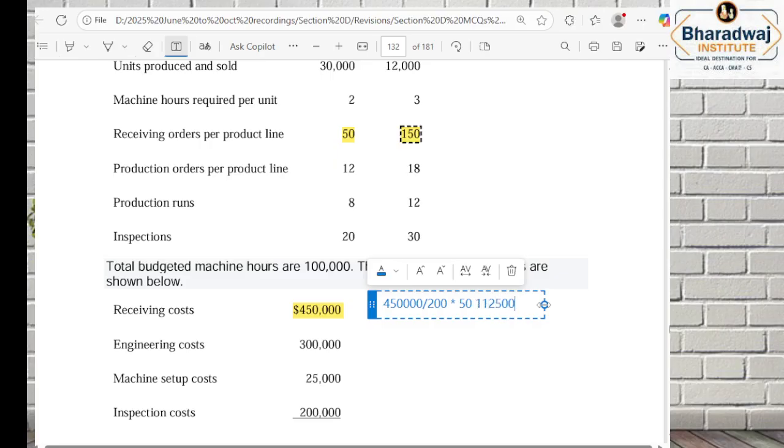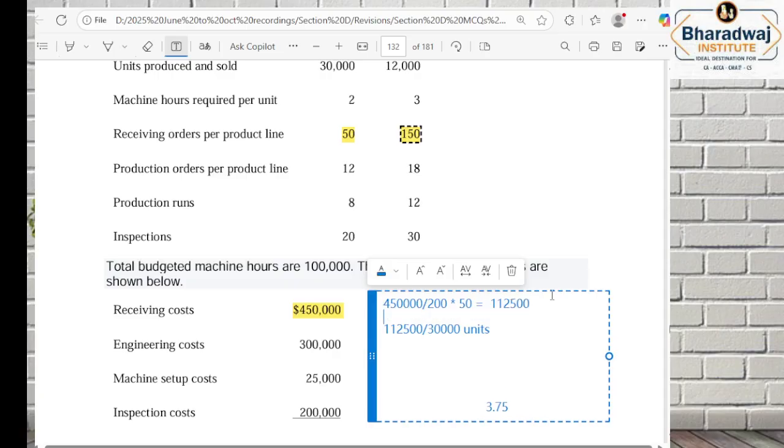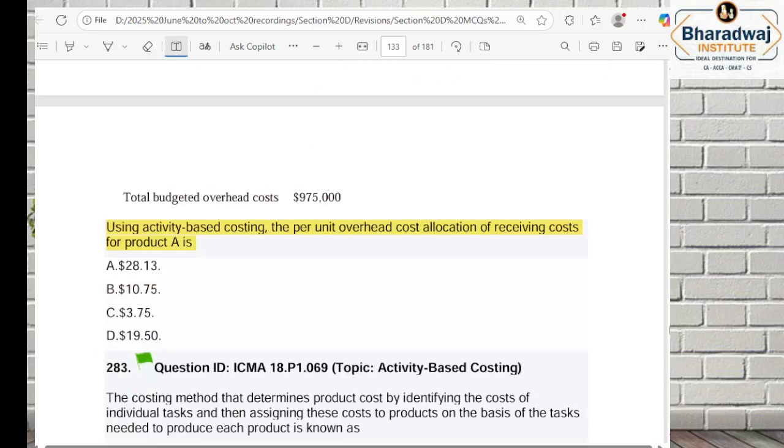If it is per unit, divided by 30,000 units. 3.75. Correct.